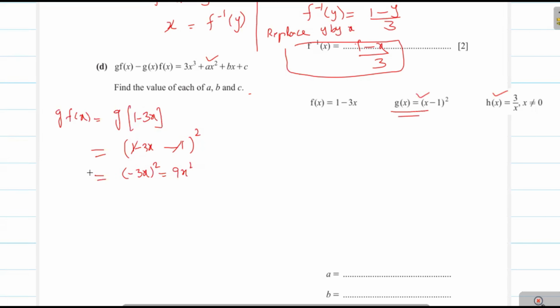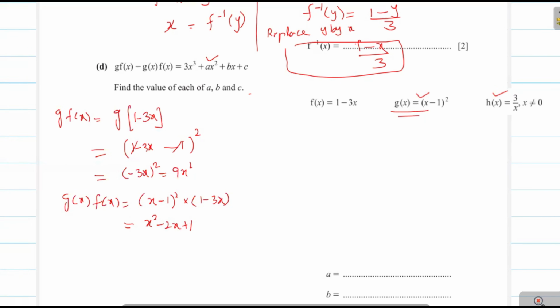And next we will find g of x into f of x. Now you see here g of x is x minus 1 whole square multiplied by f of x which is 1 minus 3x, and we can write it as x square minus 2x plus 1.